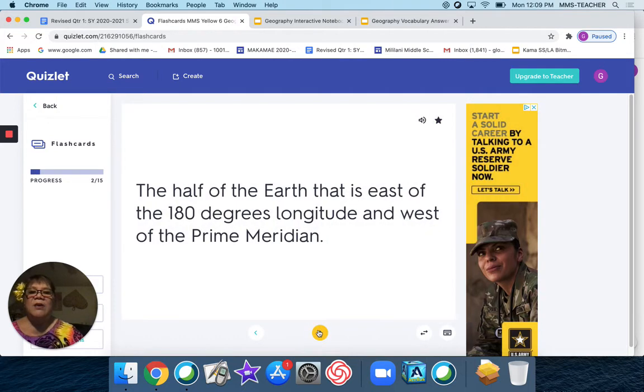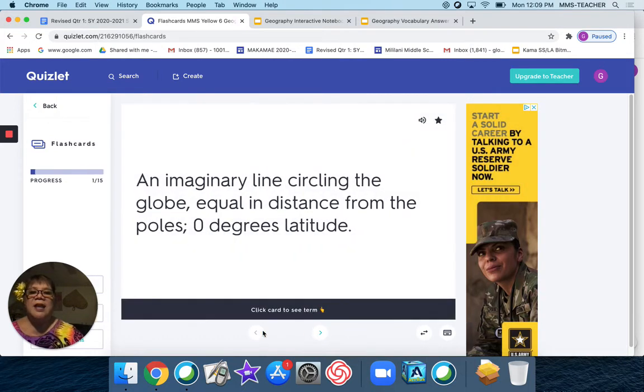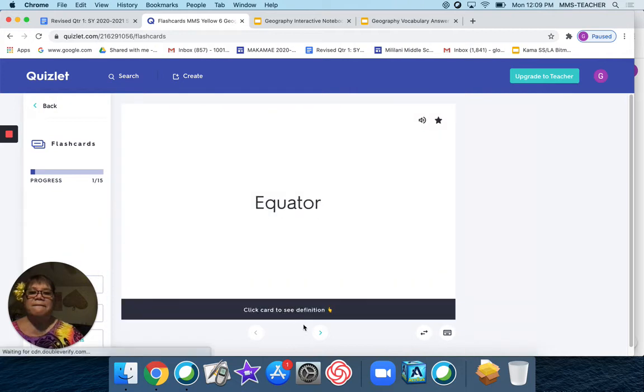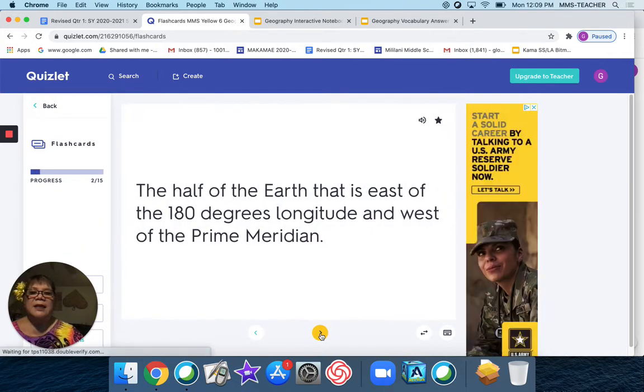Okay, now let's take a look at the next. The half of the earth that is east of the 180 degrees longitude and west of the prime meridian.